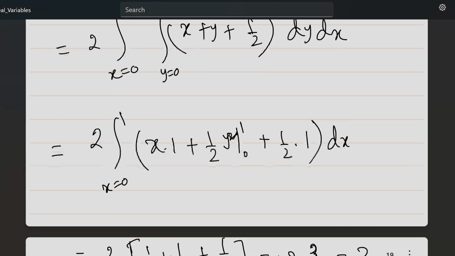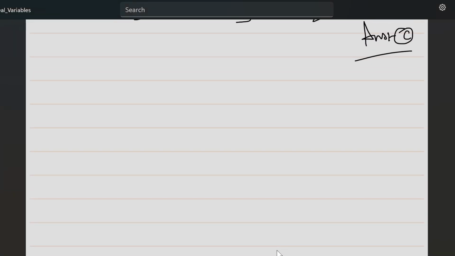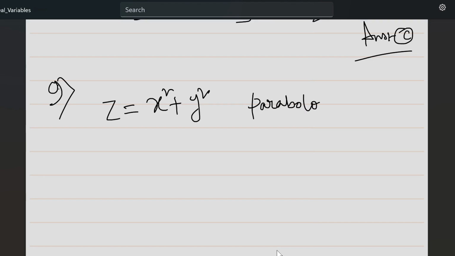So I will draw question number 9. Let me see: z equal to x square plus y square. This is one, a paraboloid. And there is another plane.